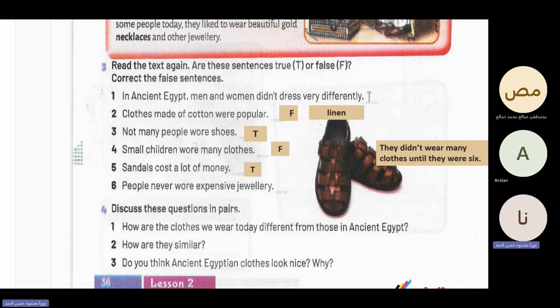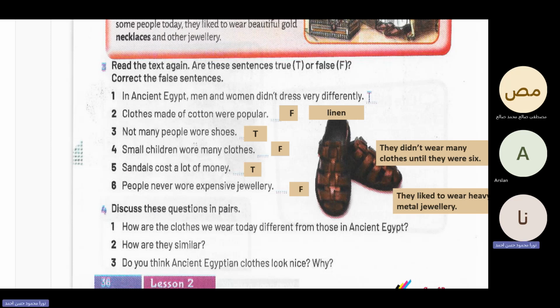And the last one, people never wore expensive jewelry. What do you think? Is it true or false? No, it's false. Because they liked to wear heavy metal, expensive jewelry.